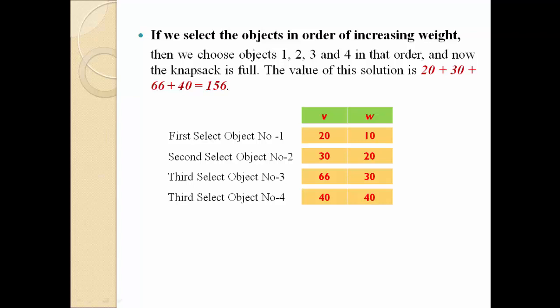So find out total value in this case. The total value is 156 and the total weight is 100. So this is a better option than our first option, in which we had the solution 146. Right now if we select objects in order of increasing weight, then total value of the knapsack is 156. So this is the better one.